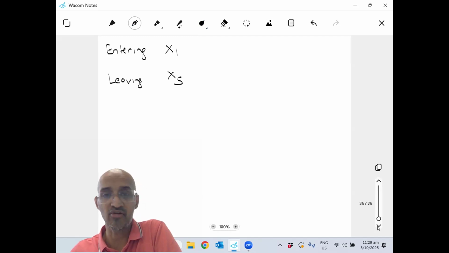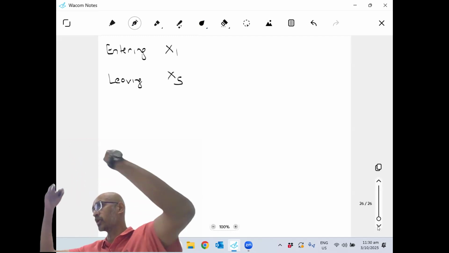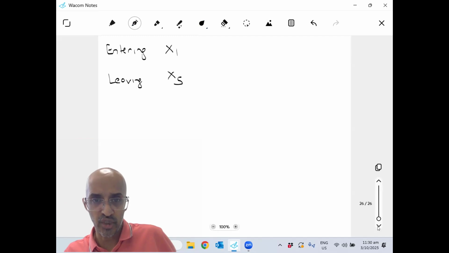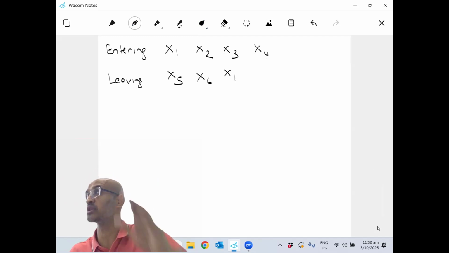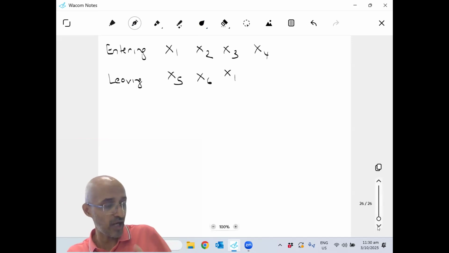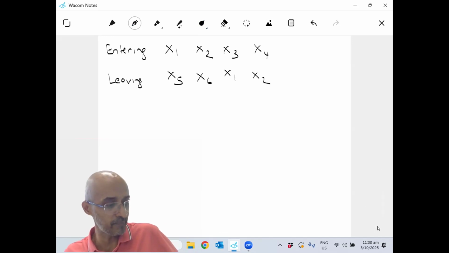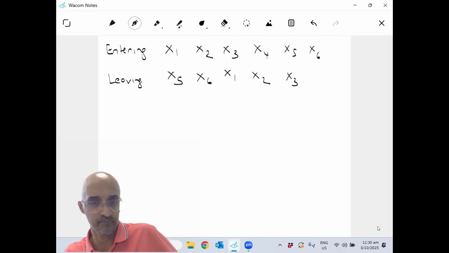Now you can repeat this, and you will get a new tableau. You can check on your own time that the next steps will be: X2 will enter, X6 will leave, X3 will enter, X1 will leave. You can only do this by doing the actual steps. I don't want to do it in the class, it will take time. You can try this on your own time.